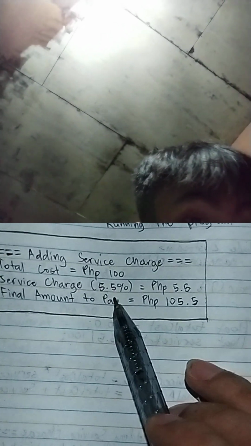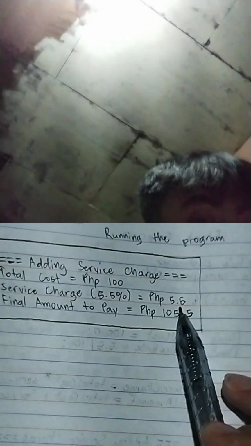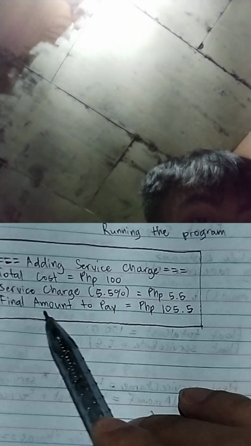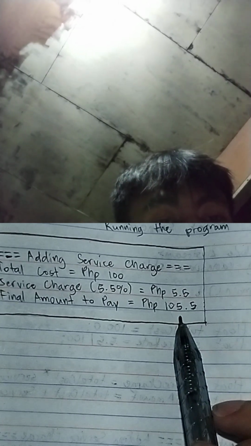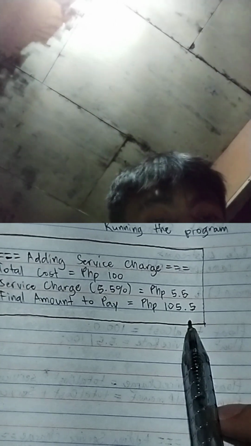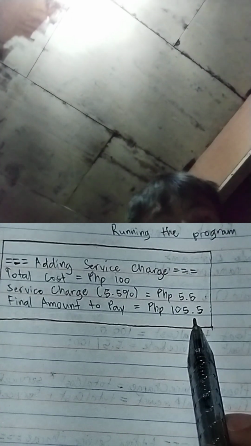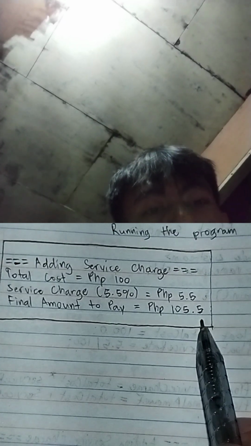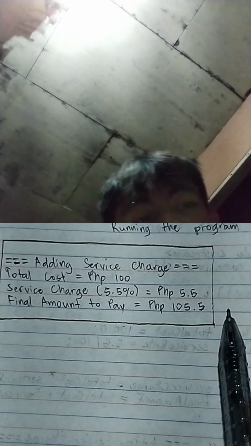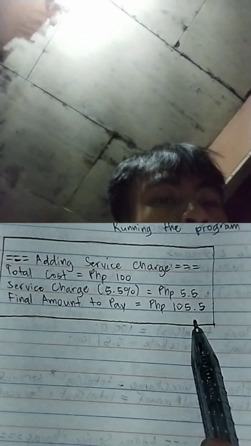Service charge, 5.5% of the 100, is 5.5 peso. So the final amount to pay is 105.5 peso. This number has a decimal point, so we use a float so we can get an accurate value.